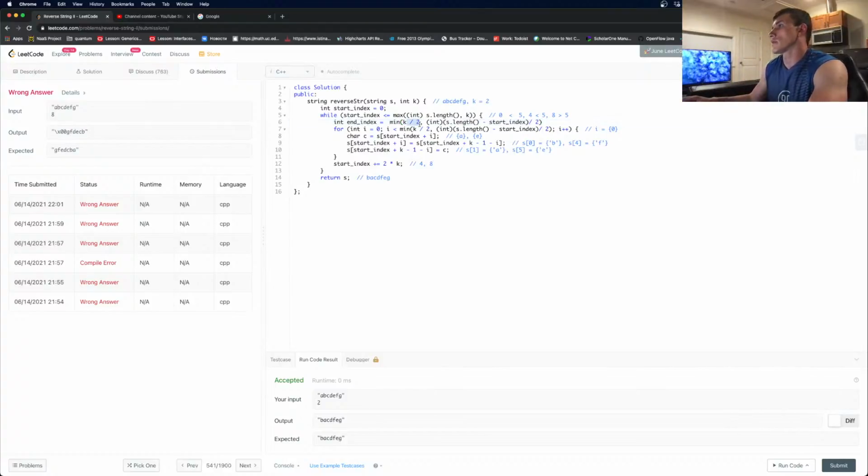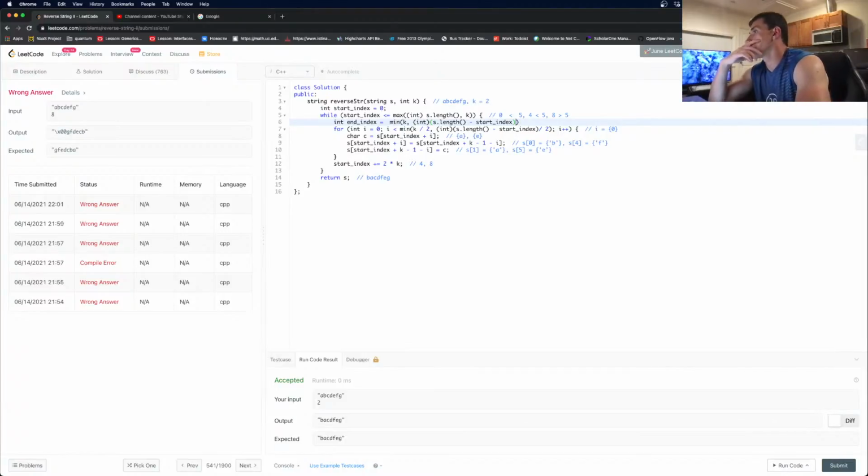So it's either the k or this thing, right? Depends how much is left. Then we can say it's start index plus whatever k, this is where we end the swap, or length minus start index, right?